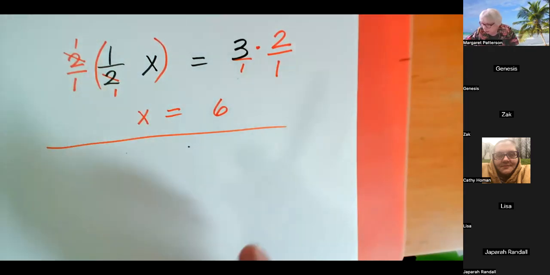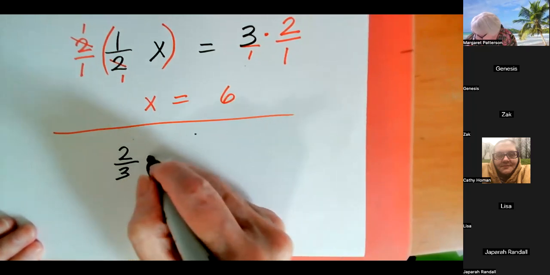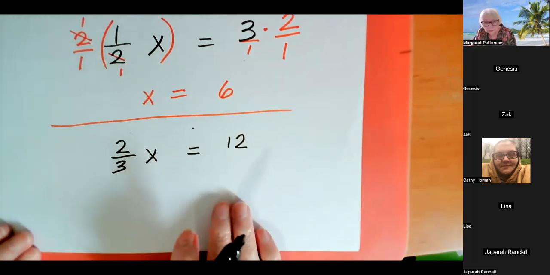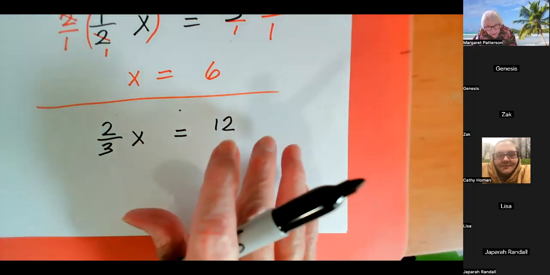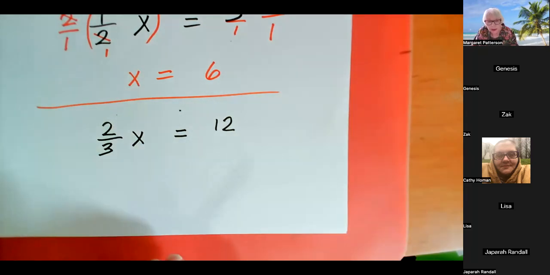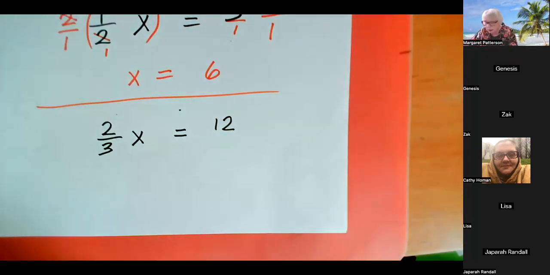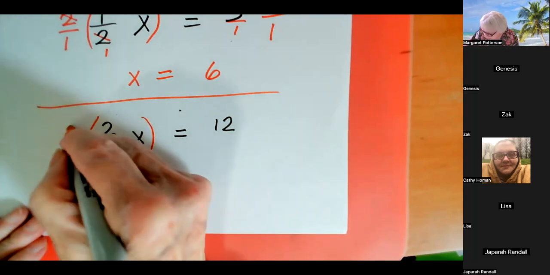So let me make another problem so you can see it. 2/3 x equals 12. Instead of dividing both sides by 2/3, which is messy, we could survive it. We could, but I think you might consider, and so I just wanted you to have time. This section I don't think is due Wednesday.